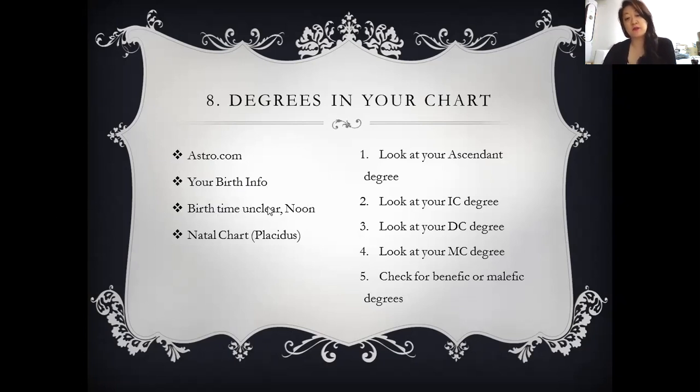But I've done charts just with the noon time, and it still gave good results, right? If you really want to know, you can do your rectification by what I mentioned earlier. You want to think about what's the first thing I do in the morning, right? And try to rectify your chart that way. You can also look at your parents' career, your family life.